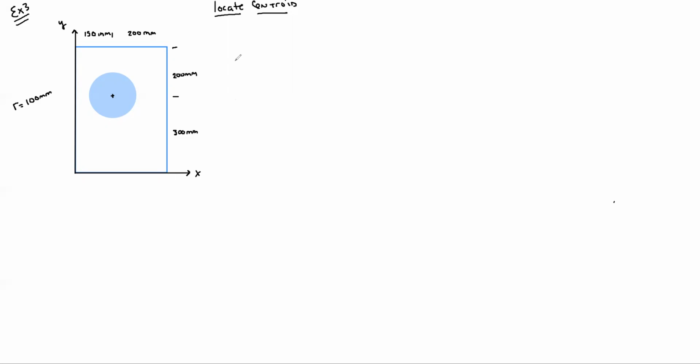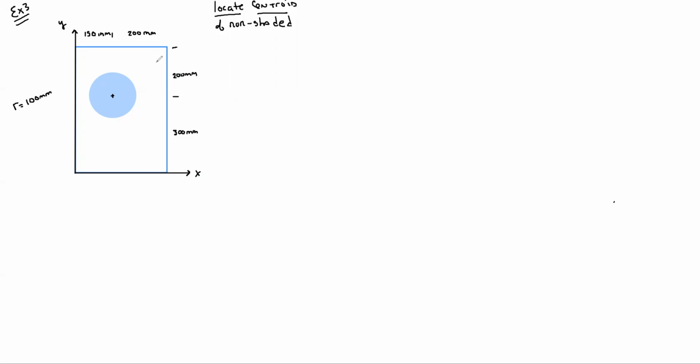So we are locating the centroid of the non-shaded area in this problem. The typical problem would be to locate the centroid of the shaded area, but I haven't figured that out yet.